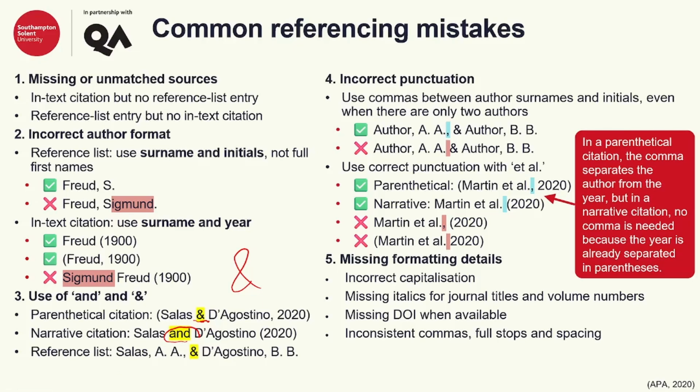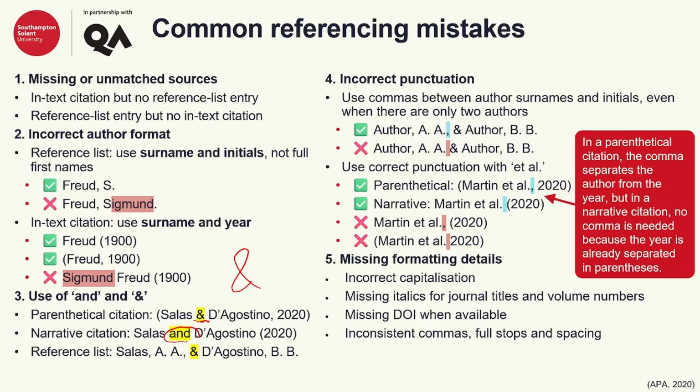You should also use et al. carefully. There is a full stop after al because it is an abbreviation. The correct parenthetical form is (Martin et al., 2020), entirely within brackets.